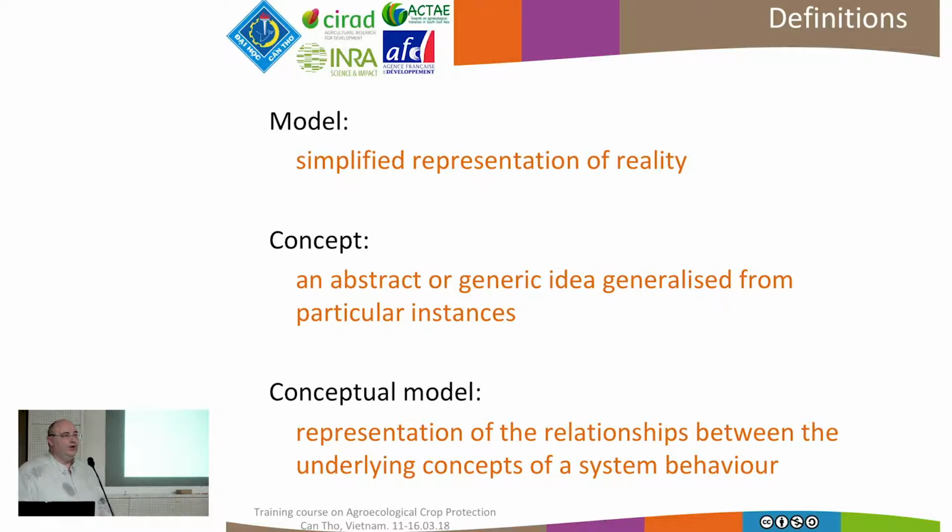So if we all agree on the definition of a model as a simplified representation of reality, then figurative painting can also be seen as a way of modeling. Do you know this famous French painting? It's called The Gleaners by Millet.